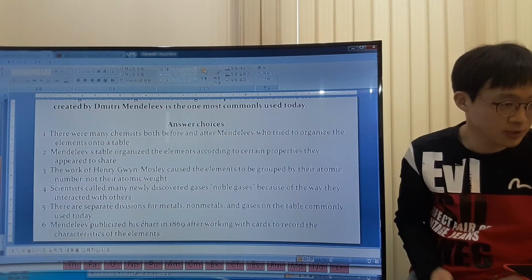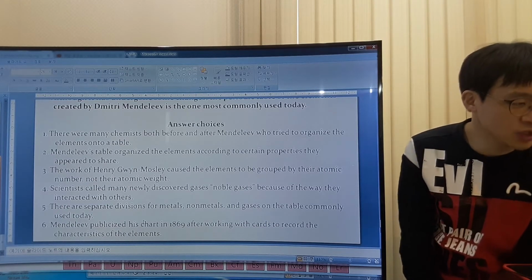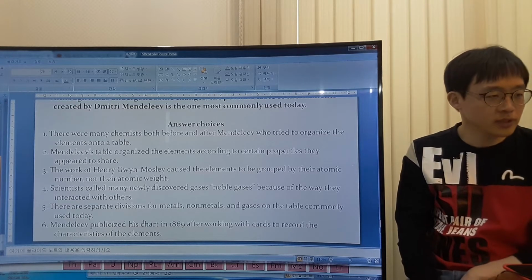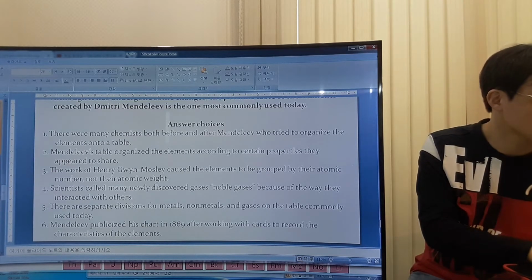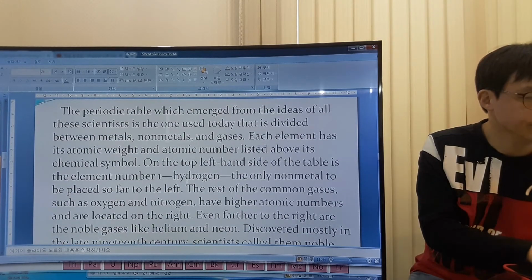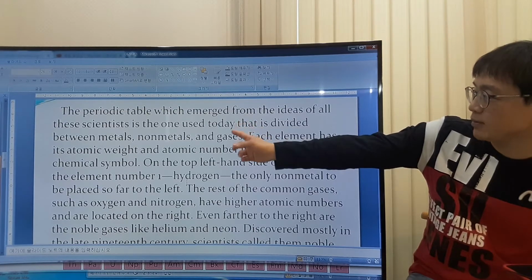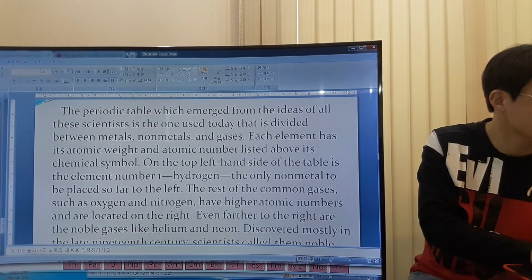Do you understand? That's what it means. This is right? And there are separate divisions for metals, non-metals, and gases on the table commonly used today. The periodic table which we use today is divided between metals, non-metals, and gases. So this one is right.